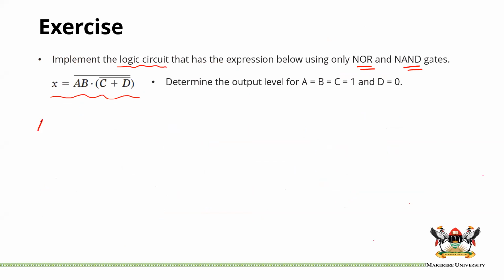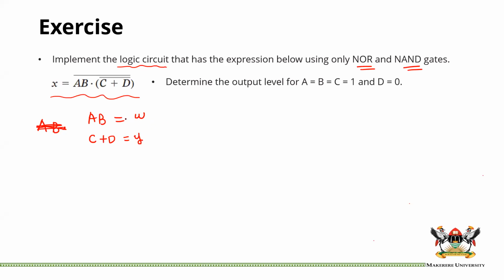So we have A, B, and let us say, in fact, let A, B be equal to, for example, W, and C or D be equal to Y maybe.